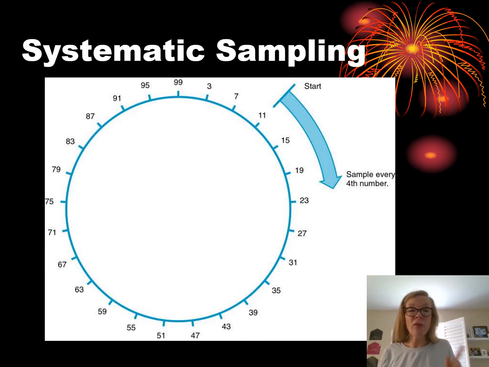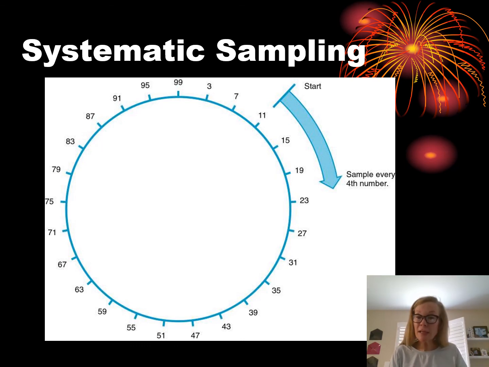That tells me I'm going to start at the 11th person on the list, and then, because I need a sample of 25 out of the 100 people, I'm going to select every fourth person on the list. If I wanted a sample of 20, I would select every fifth person on the list. Does that make sense to you? So I'm going to go and choose every fourth person.